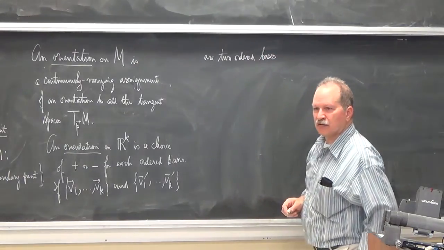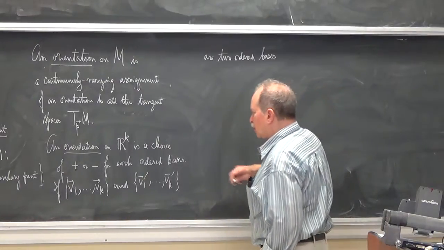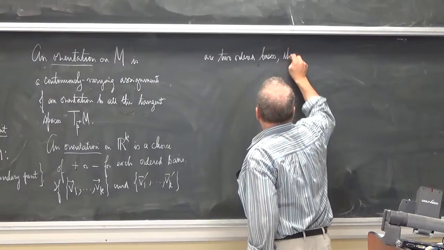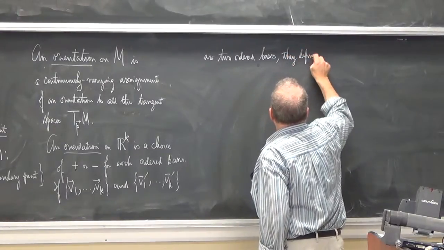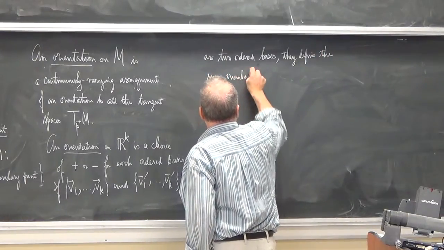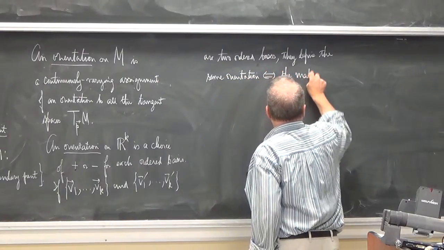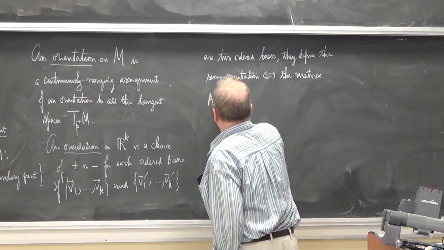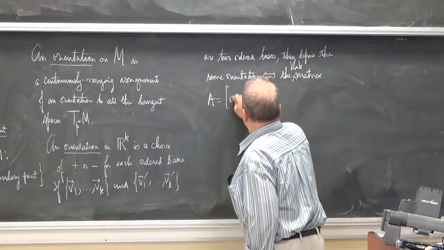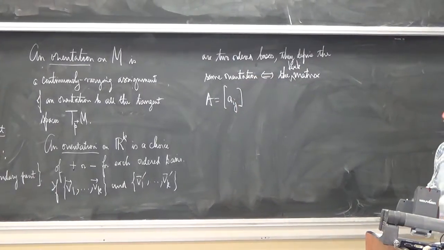Are there always only two possible orientations? Yeah, you'll see why. If there are two ordered bases, they define the same orientation if and only if the matrix, this is a k by k matrix, that tells you how to get from one basis to the other has positive determinant.